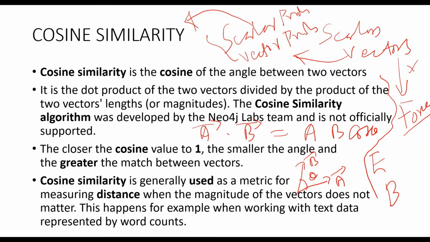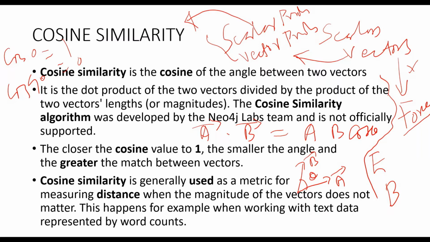We know cos 0 is equal to 1 and cos 90 is equal to 0, as we learn in math. That means the closer the cosine value to 1, the smaller the angle.